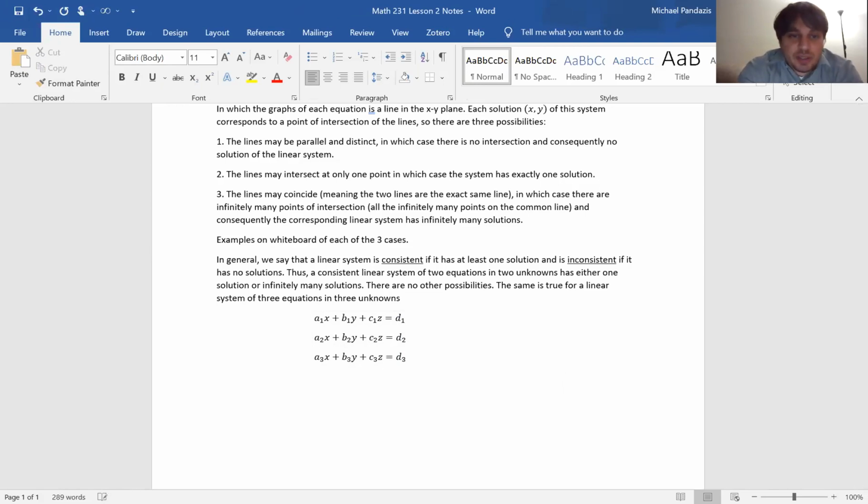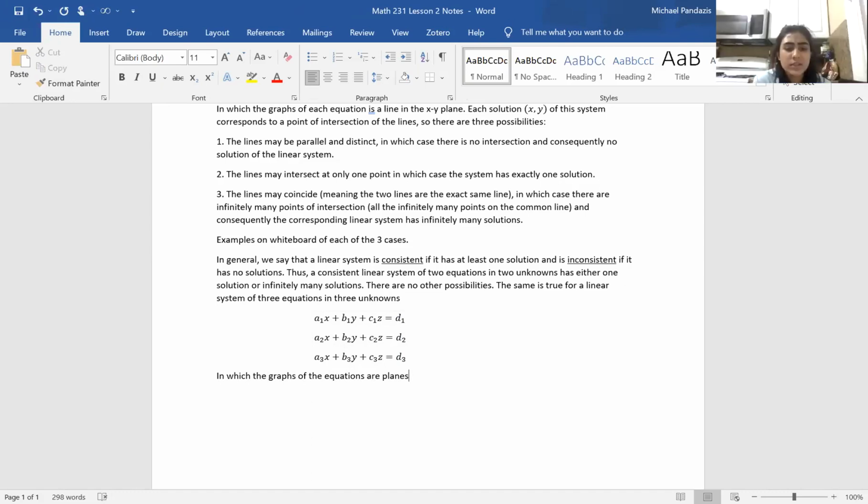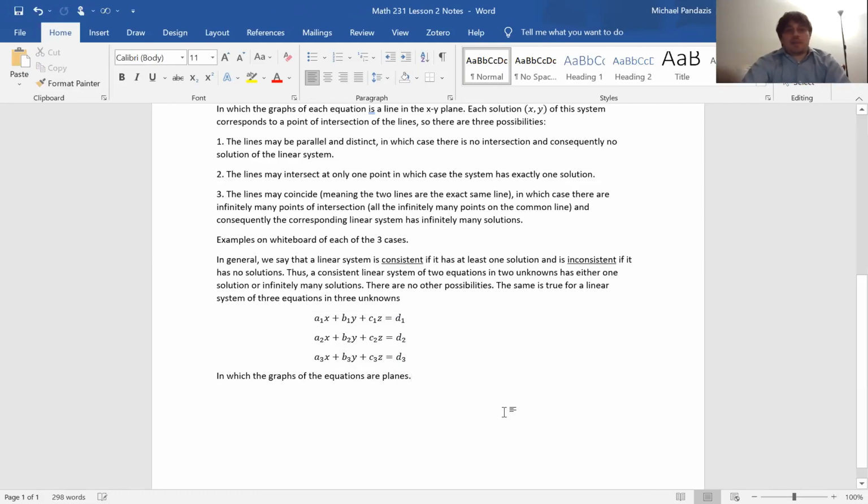Okay, so if you have a linear system of this form in which the graphs of the equations are planes. Professor, what's D1, D2, and D3? You said constant? Yeah, they're all constants. So if you had a linear system like 2x plus 3y plus 4z is equal to 7, d1 would be 7.